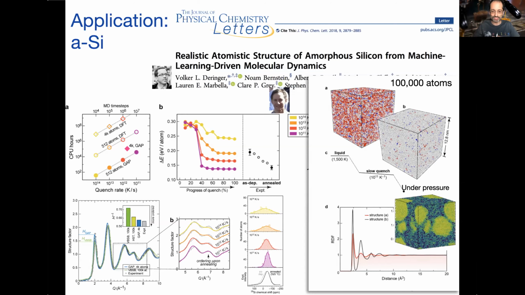But looking at our trajectory, we discover, and this is going to shortly appear in a publication, new kinds of transient phases before you reach the final crystal structure.